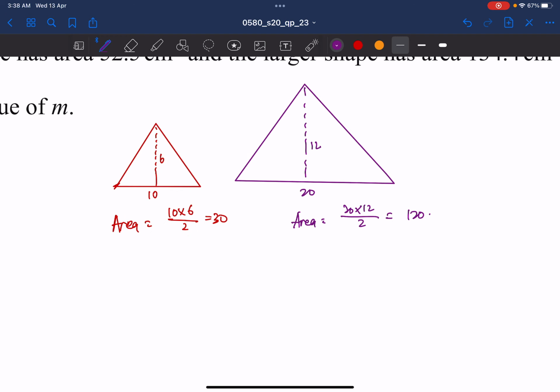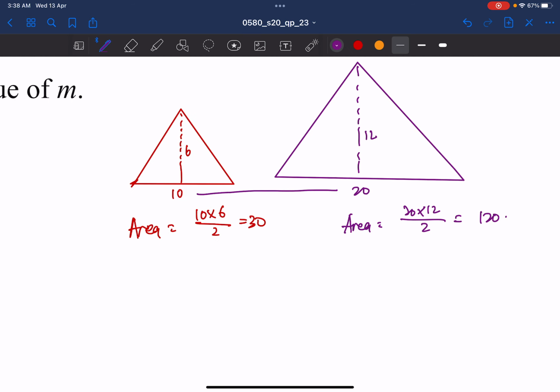So you see, when the scale factor of side is 2, then the scale factor of area is 2 squared, which is 4. 30 times 4 is 120.